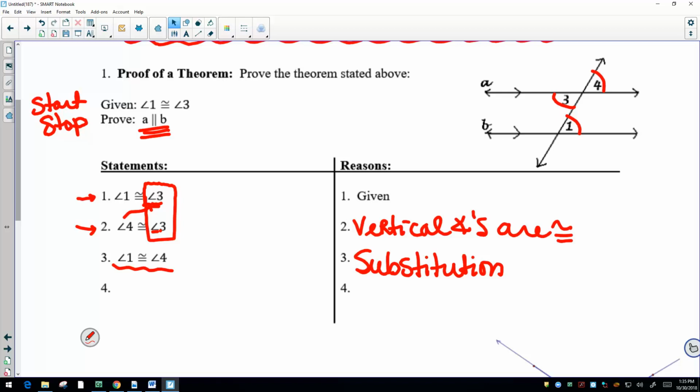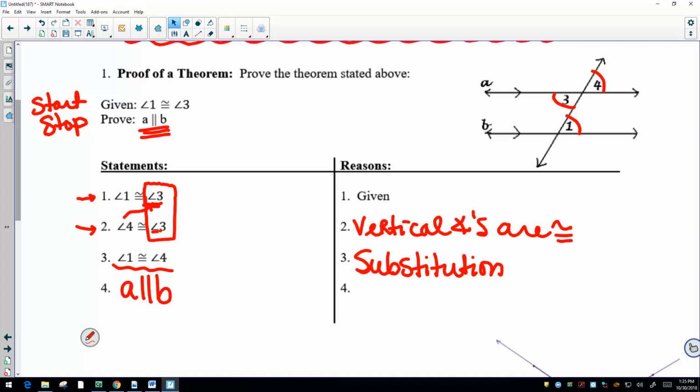So now I look at the picture and I say, oh, they're corresponding, and we've just shown that those angles are congruent. If they are congruent, what's going to happen? Well, they can only be congruent if our lines are parallel.